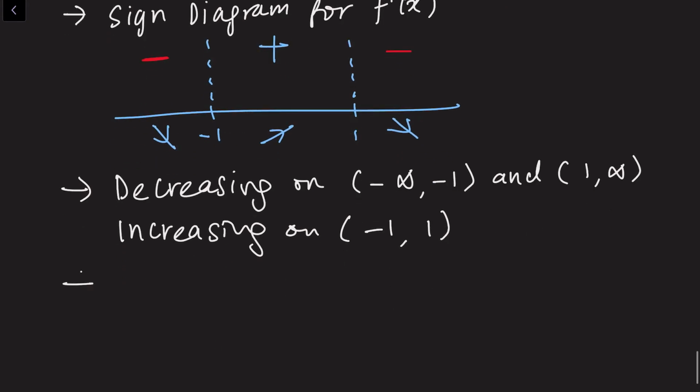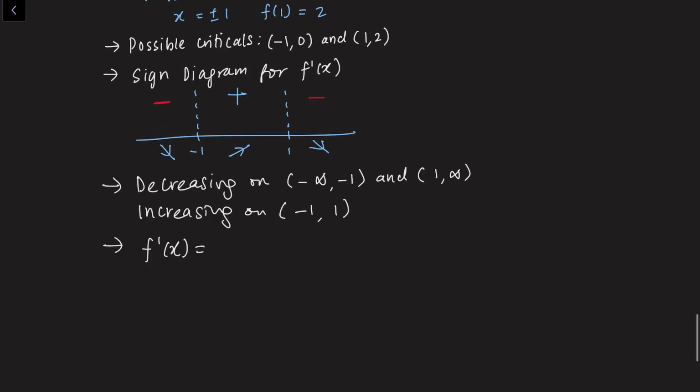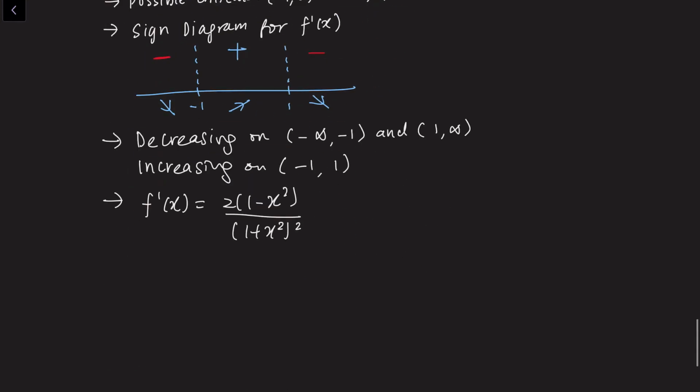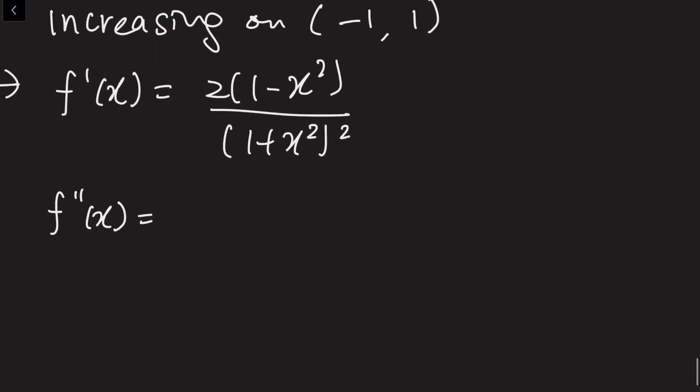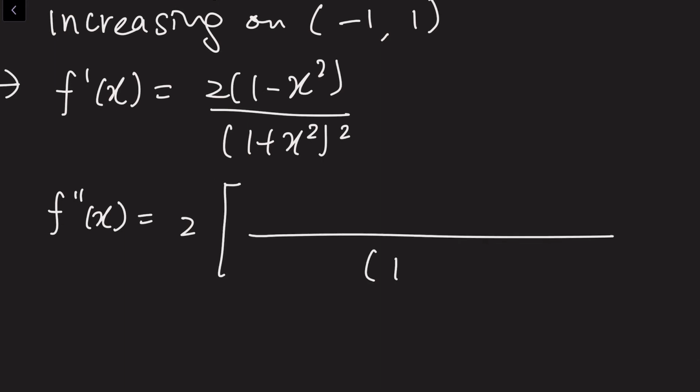Then the next step is to differentiate again, and let me copy the f prime x, because we need to do quotient rule again. 2 times 1 minus x squared over 1 plus x squared, right? Yep. Quotient rule again. F double prime x. I just take out the 2, take out all the constant multiples. Then you prepare this one.